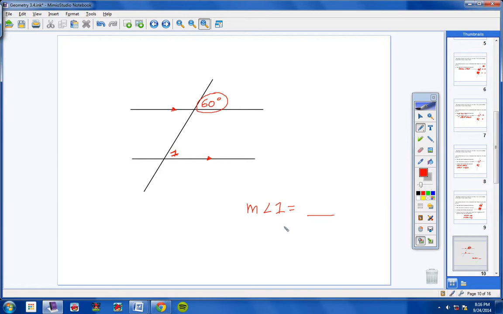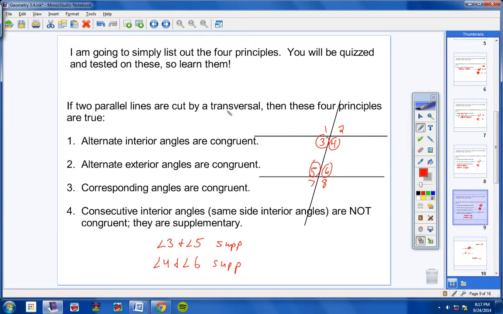Now, notice, students, we have two parallel lines and they're cut by a transversal. Notice also that angle 60 degrees and angle number 1 are both corresponding angles. Okay? And so we just learned that when two parallel lines are cut by a transversal, corresponding angles are congruent.